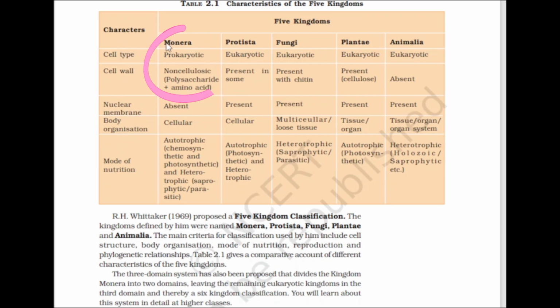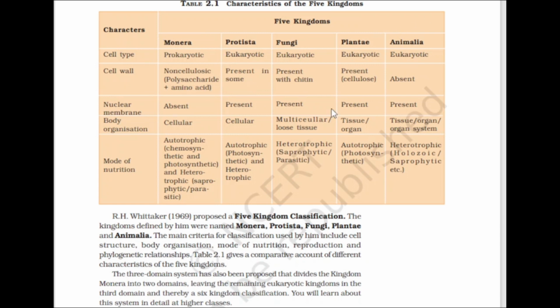Cell type: in Monera it is prokaryotic, and in Protista, Fungi, Plantae, and Animalia they are all eukaryotic cells. Cell wall: in Monera it is made up of non-cellulosic polysaccharide plus amino acid. In Protista, some have a cell wall and some do not.